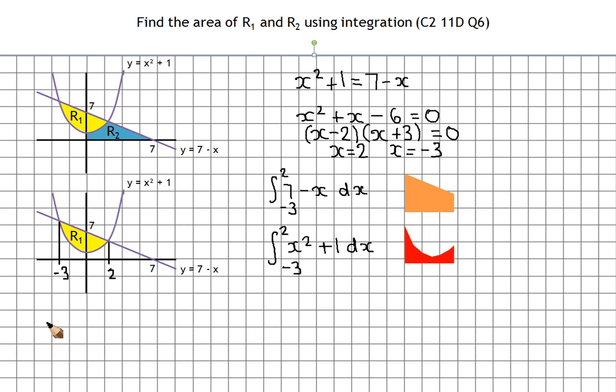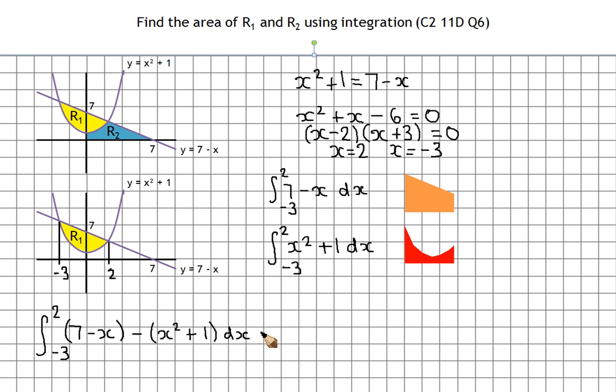So we're going to be doing the integral between 2 and minus 3 of the first one, which is 7 minus x, take away the integral of x squared plus 1 with respect to x.